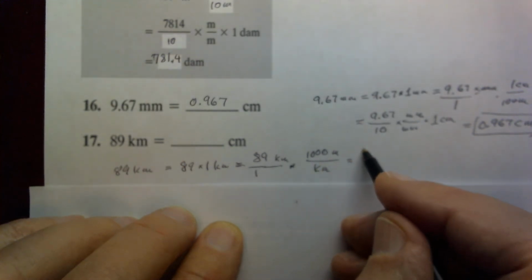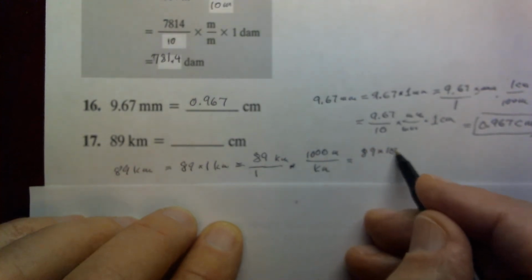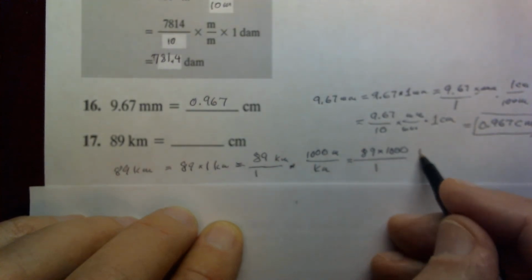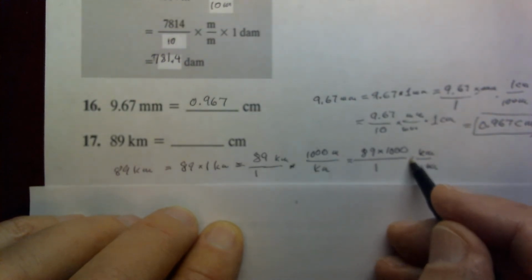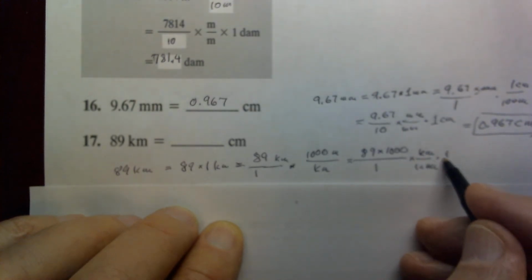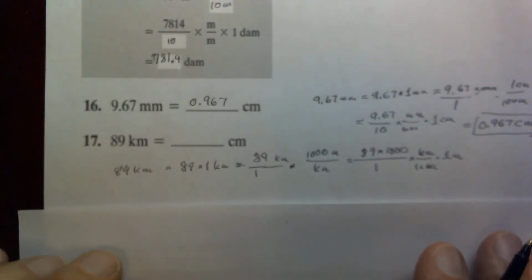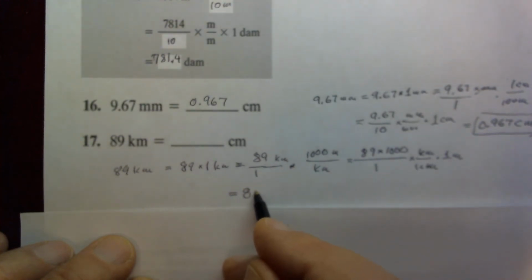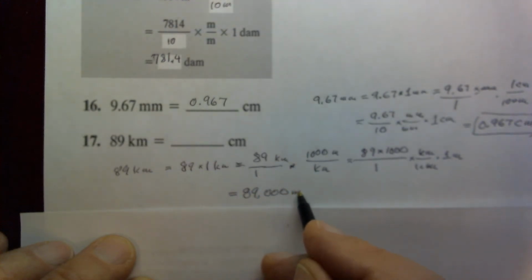That then becomes 89 times 1,000 divided by 1 kilometer divided by kilometer times 1 meter. And that is equal to 89,000 meters.